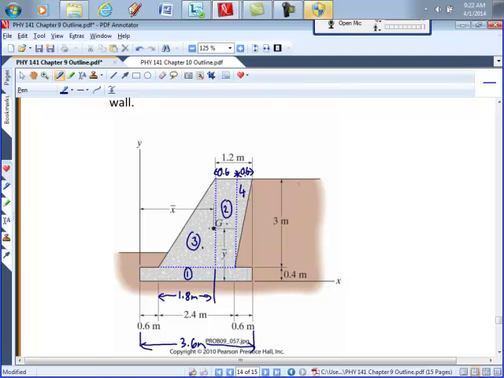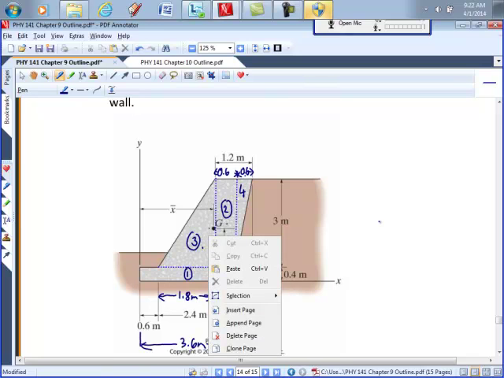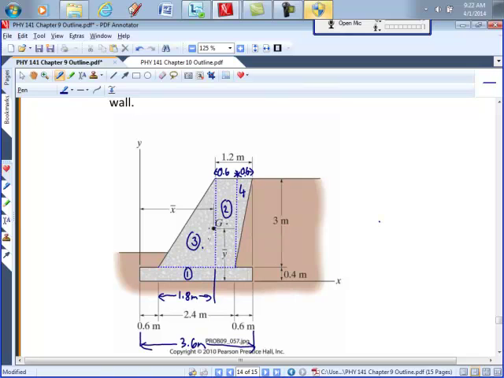The total height here is 3.4, so it'd be less than half of that, a little bit lower. So we're looking probably about there. Does that seem reasonable? Yeah. All right.